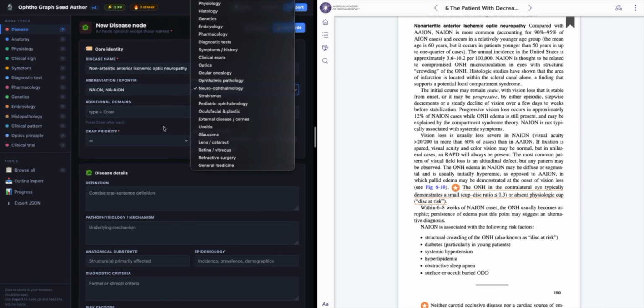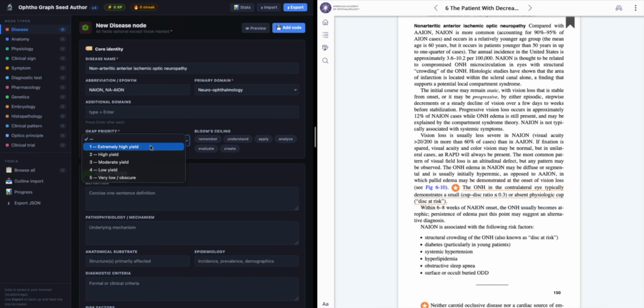few other places. Okay. The priority, of course, is extremely high yield for the OCAP, and then the Bloom's taxonomy ceiling just has to do with how deep of a knowledge is expected for this particular entry. And so for NAION, you're going to be seeing it quite a bit in ophthalmology.